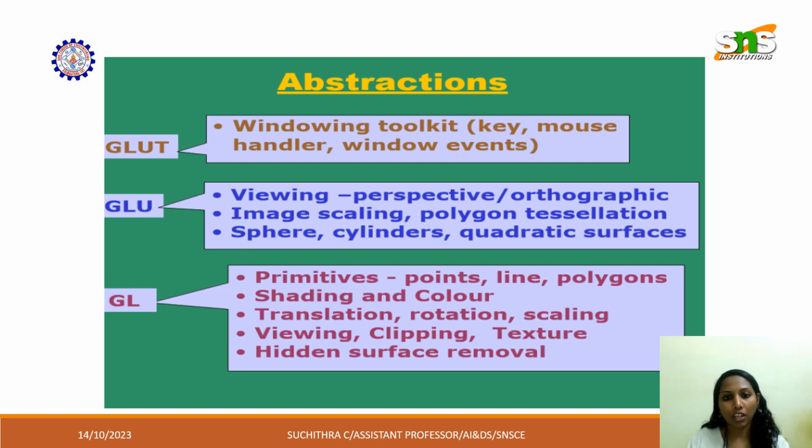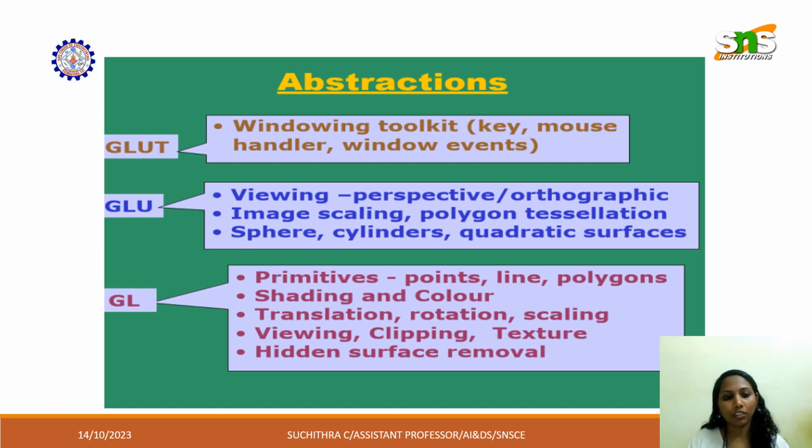Then we see what the functions of each are. GLUT functions are the windowing toolkit: key, mouse, handler, window events. GLU functions are viewing, perspective or orthographic, image scaling, polygon tessellation, sphere, cylinders, quadratic surfaces.